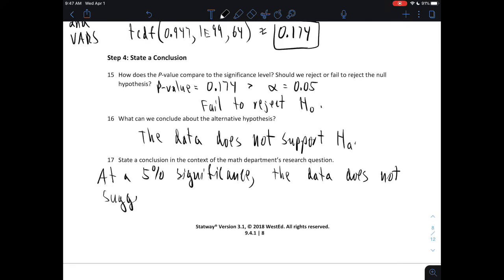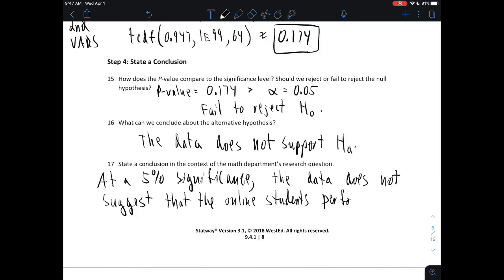The data does not suggest that the online students perform poorly when compared to on-site students.